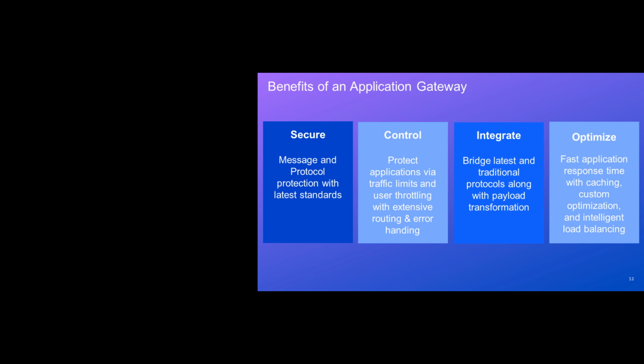We still want to maintain that best-in-class control and protection of applications with traffic limiting, throttling, error handling, routing, integration, and being able to bridge and work with traditional protocols and modern protocols in identical ways to make it easy. So the core foundation of DataPower remains the same. That's the important element.